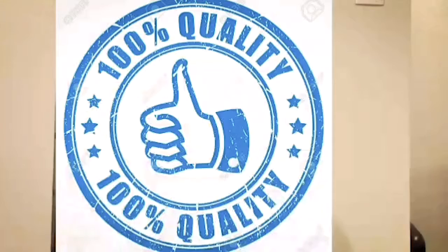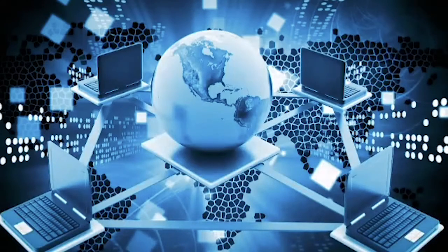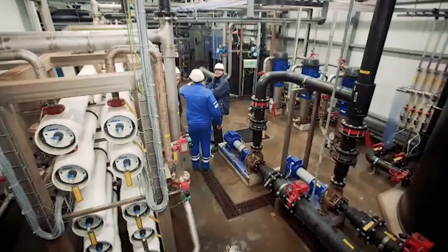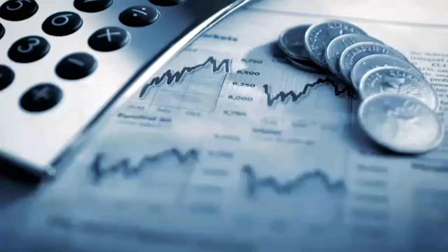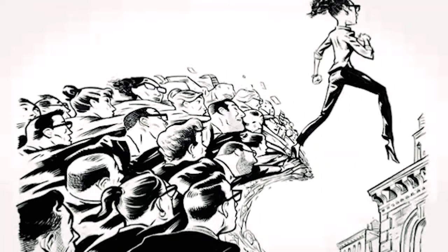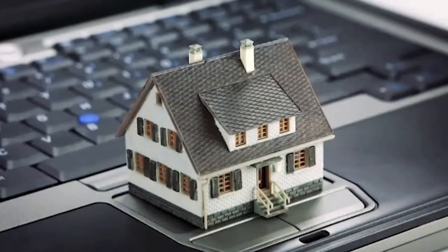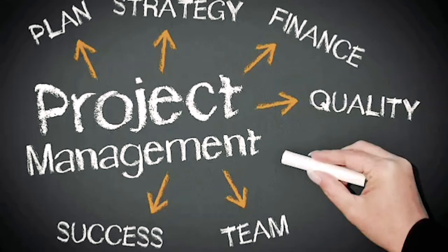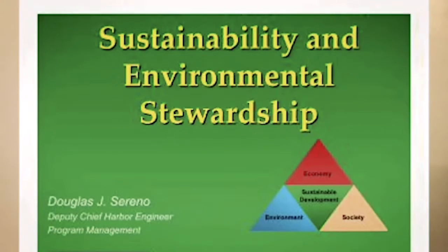Firstly, communication. Secondly, quality. Thirdly, technology. And then operation and maintenance, human factor, finance and business, emergency planning, business continuity, leadership and strategy, real estate and property management, project management, and environment, stewardship, and sustainability.